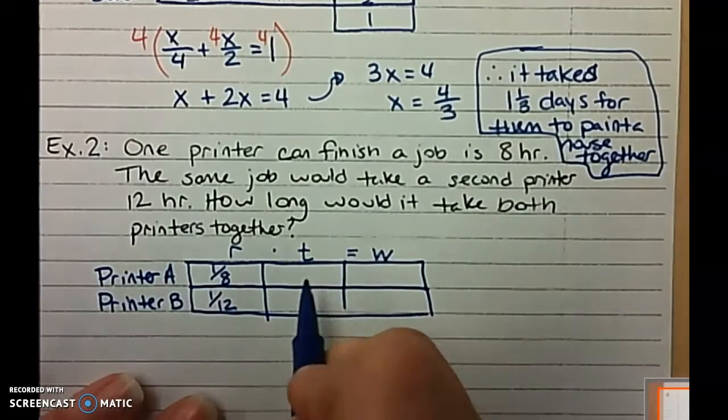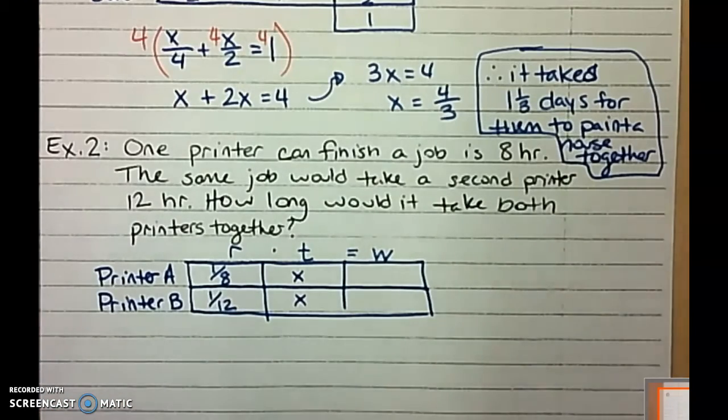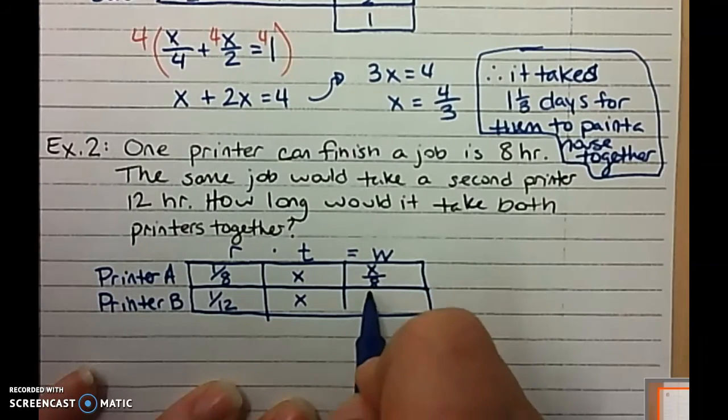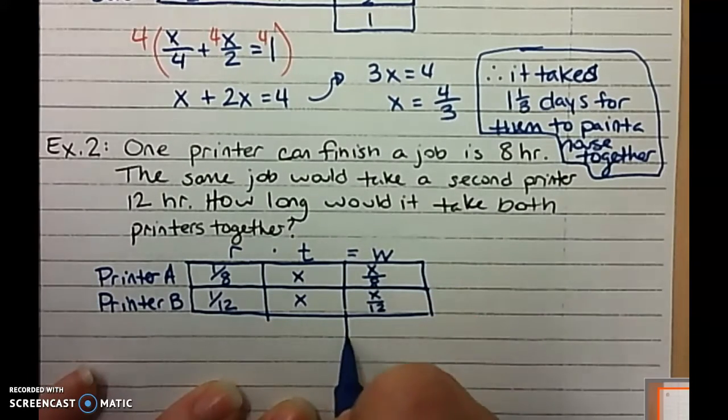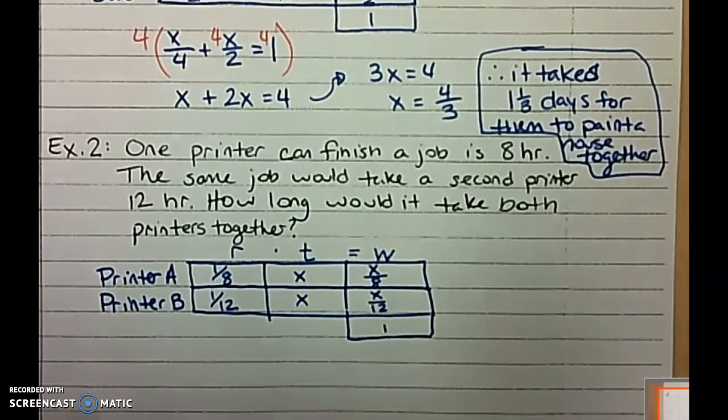We don't know how long it's taking them to print together, so once again, this is very similar to example 1. We're going to have x for both of them. I want you guys to go ahead and set up your equation, and then go ahead and solve for x.